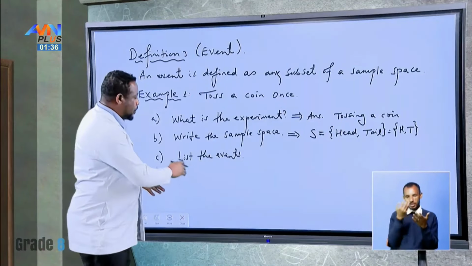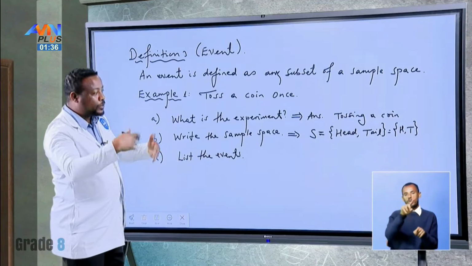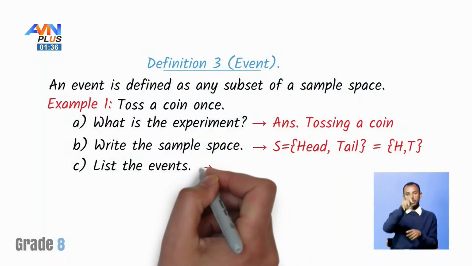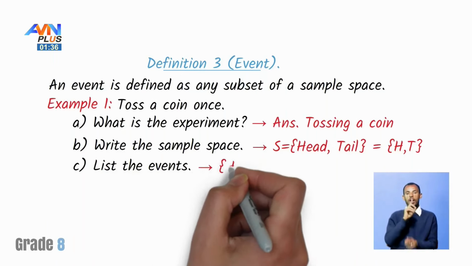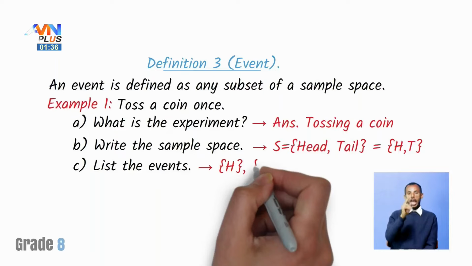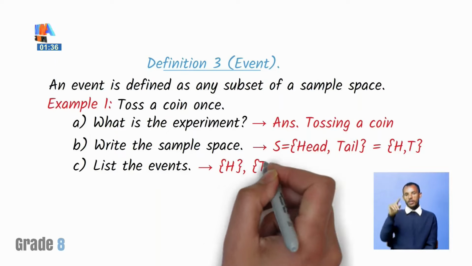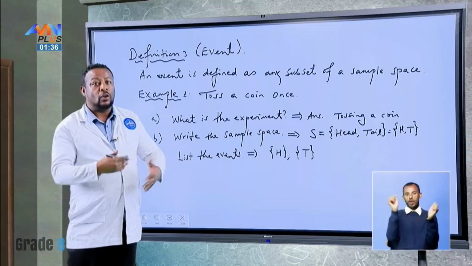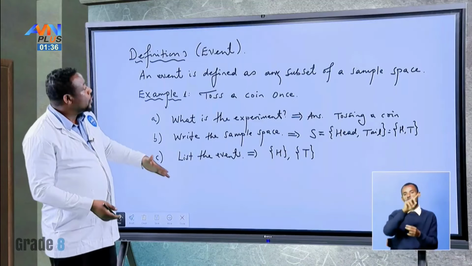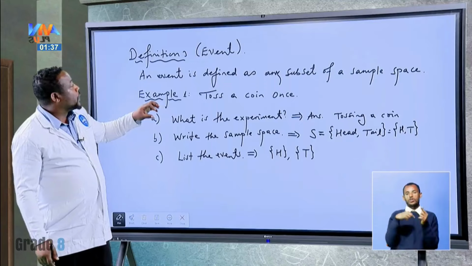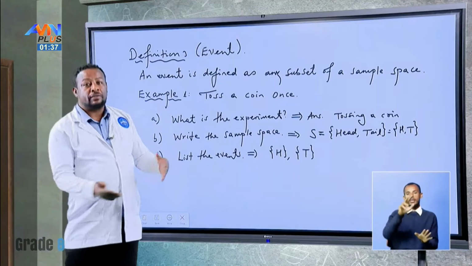Whenever you are asked to list out the events, your answer should be a set containing H or a set containing T. In some cases, you can include both, depending on the nature of the question. So this is a simple example to clarify the three definitions that we have seen before.